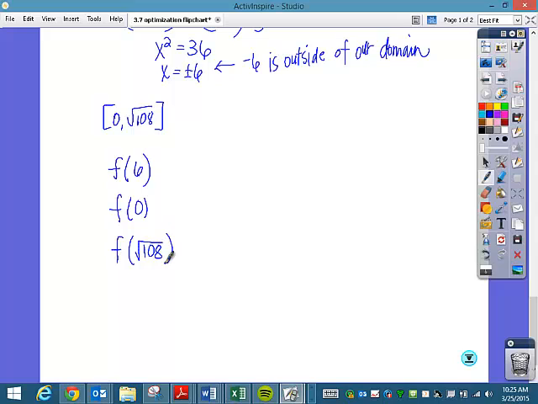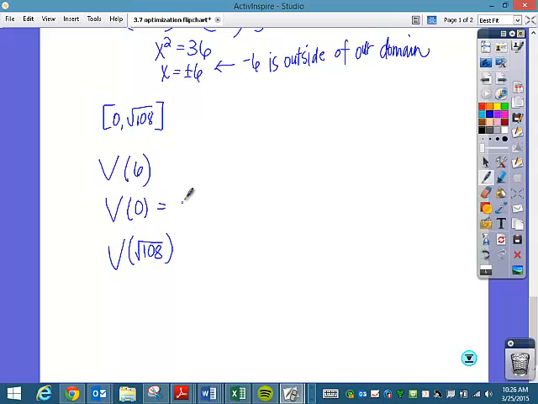So we plug 6, 0, and the square root of 108 into the original volume function, not the derivative, which is 27x minus 1/4 x to the third.